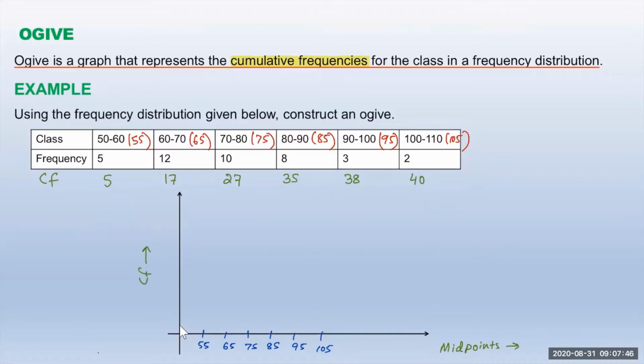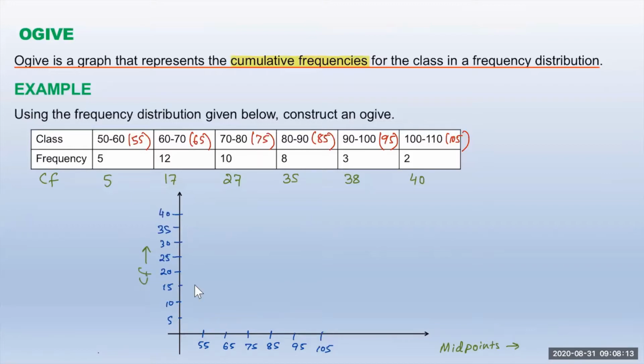So along the y-axis, I'm going to count by 5: 5, 10, 15, 20, 25, 30, 35. We have a maximum of 40, and we go up to that.